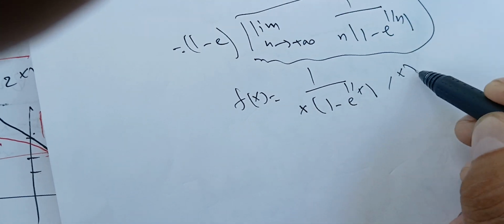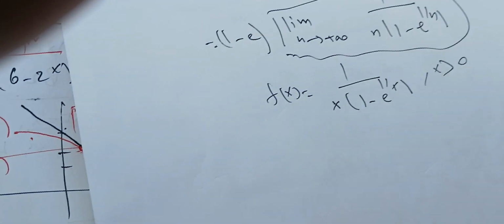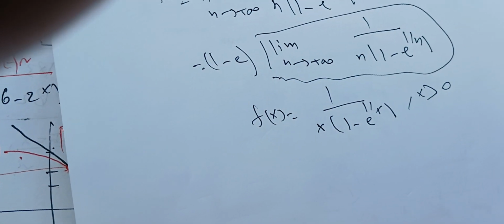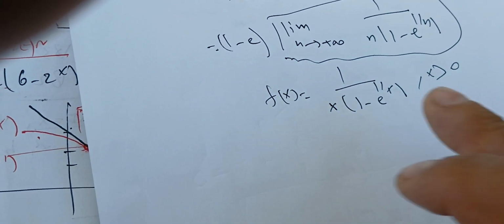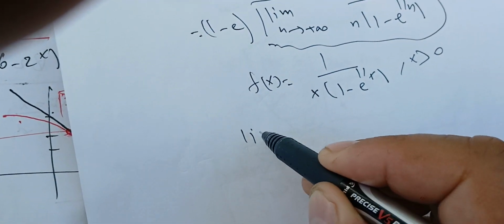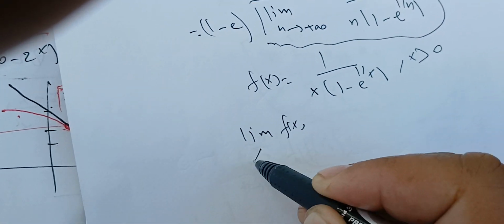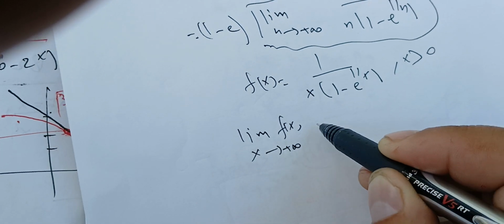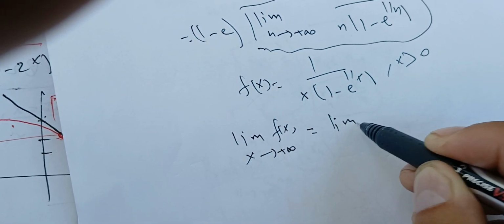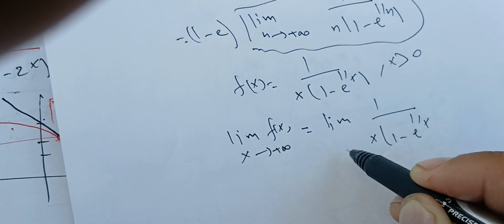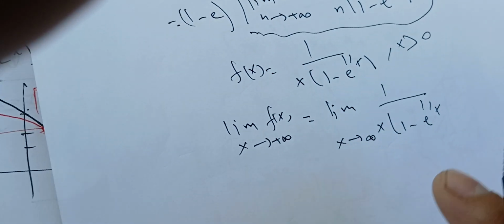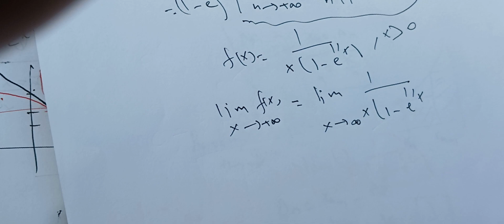So let's assume that x is positive, because we are interested in the limit as x goes to infinity. So we are interested in this limit. If we can find this limit, it's the same as the limit for the sequence.